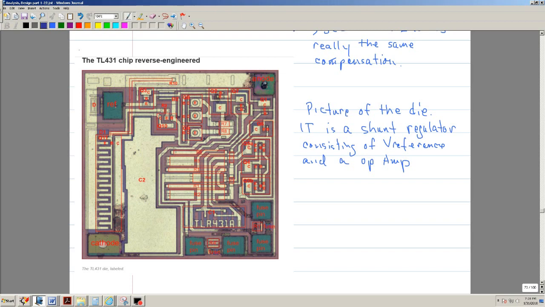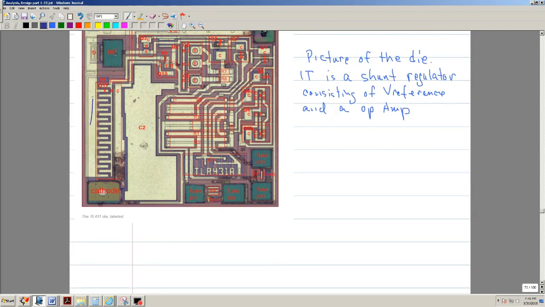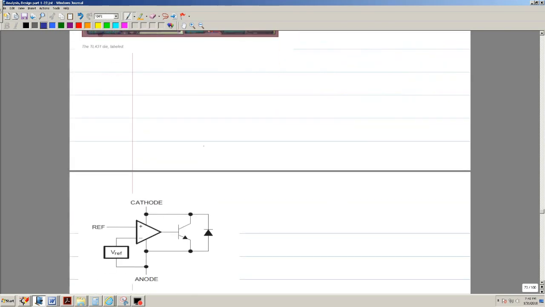You can see capacitors, you can see what looks like a BJT and so forth. Anyway, this is the picture, and like I said, it can be used as a shunt regulator, but it's really a programmable zener.